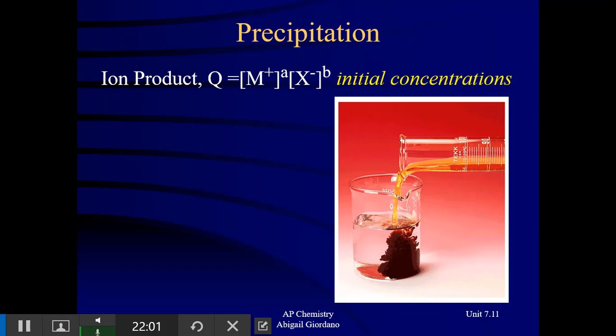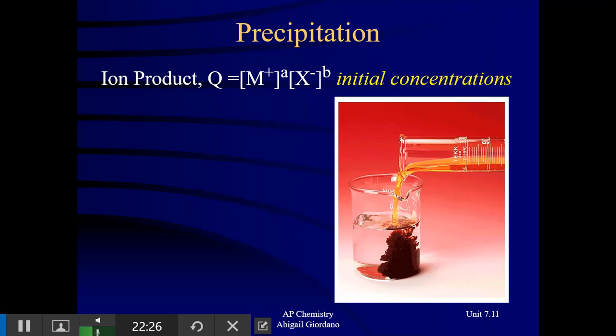Sometimes it's called the ion product. It doesn't matter what it's called. Remember that Q is set up exactly the same way as K, in this case KSP, but the molarities will not be molarities at equilibrium. They'll usually be initial conditions.